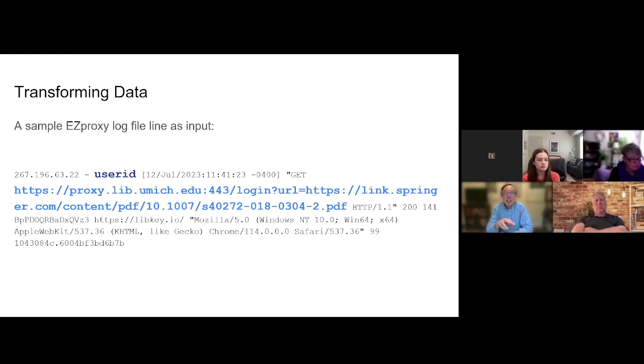So the right part of that in the blue, the HTTPS link, springer.com, etc., is for a specific item on some Springer, a content provider, a publisher's website, along with some other information about the transaction, whether it was successful, the HTTP code 200, session IDs, lots of other bits and pieces that for us weren't really very relevant. The important pieces here were the user ID and the thing being requested.